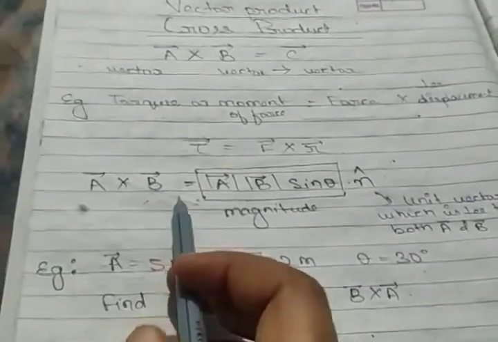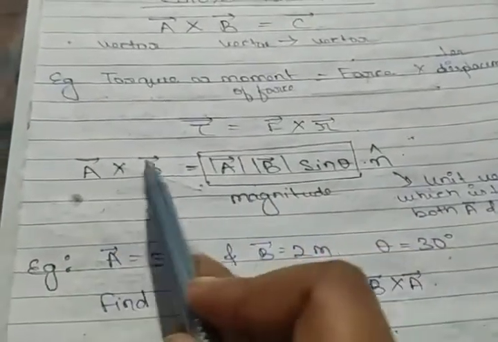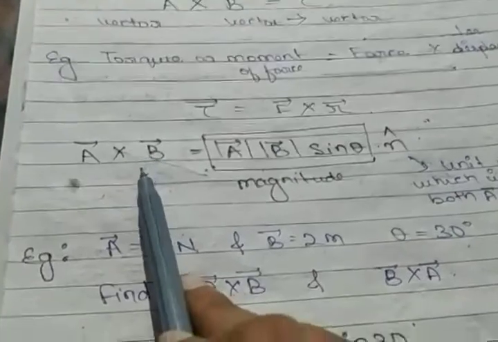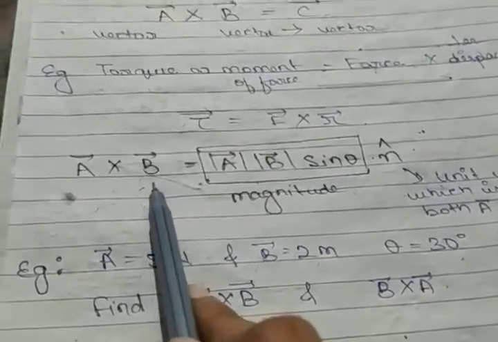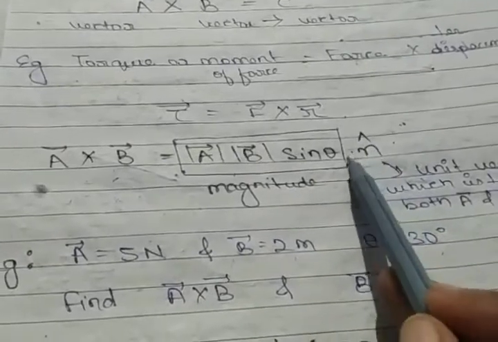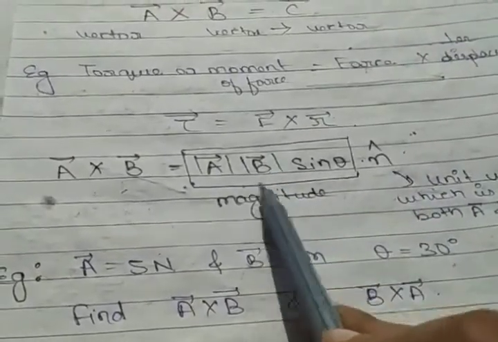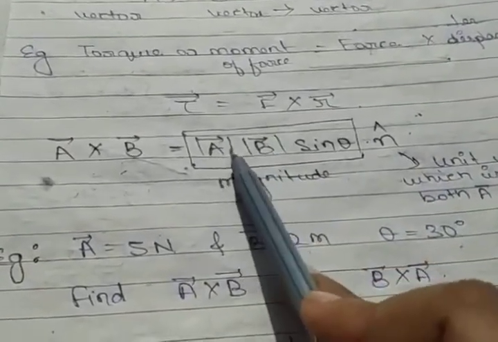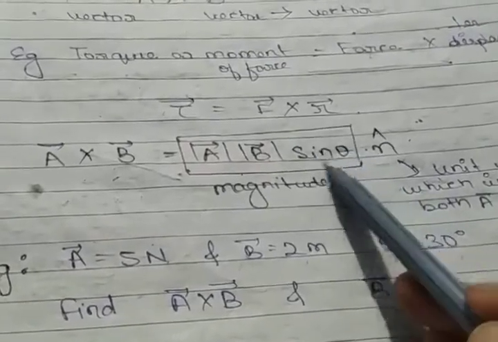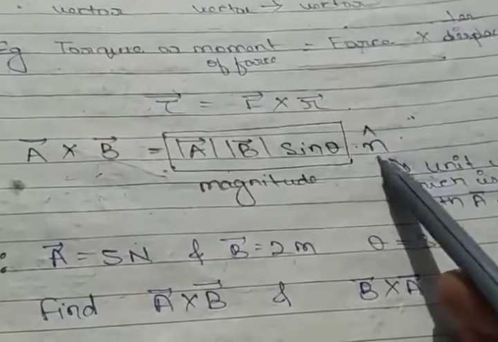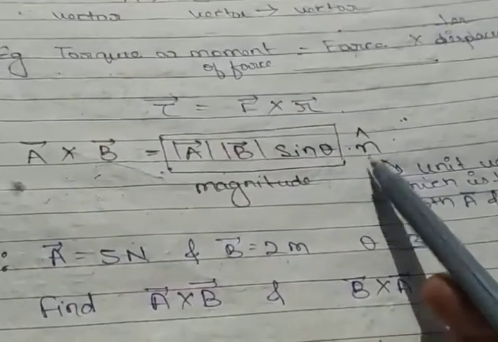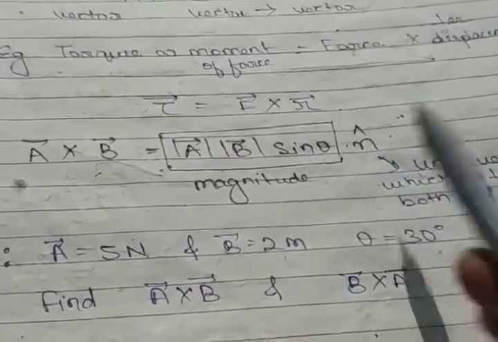A cross B means A's magnitude, B's magnitude, and here we will take the sine of theta between A and B. And here the most important part is n cap. See, A is a magnitude, B is a magnitude, sine theta is also just a number. So I will attach a unit vector n cap to it which will give me the direction of my product.